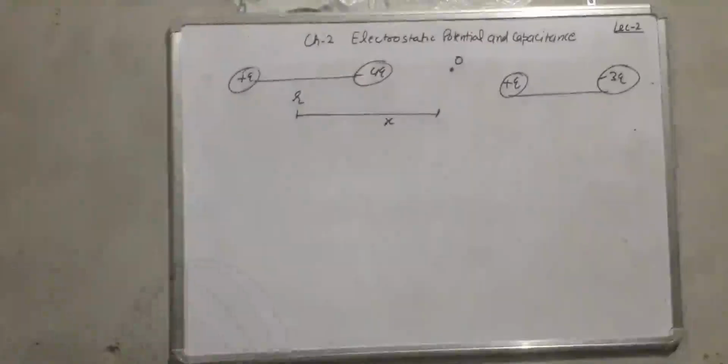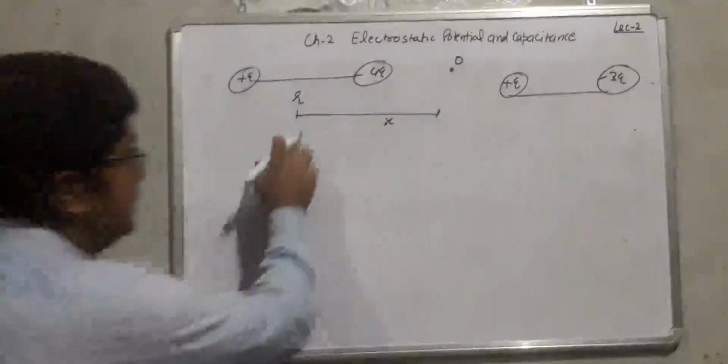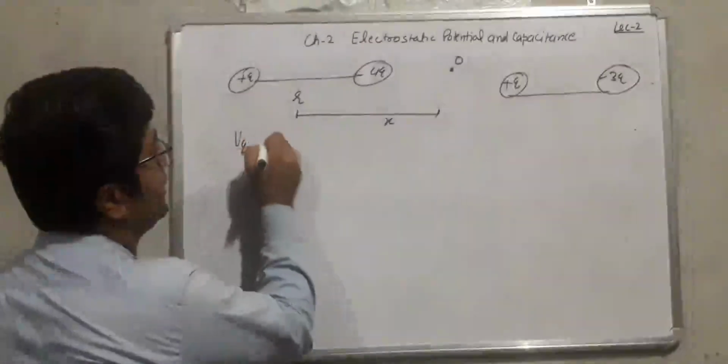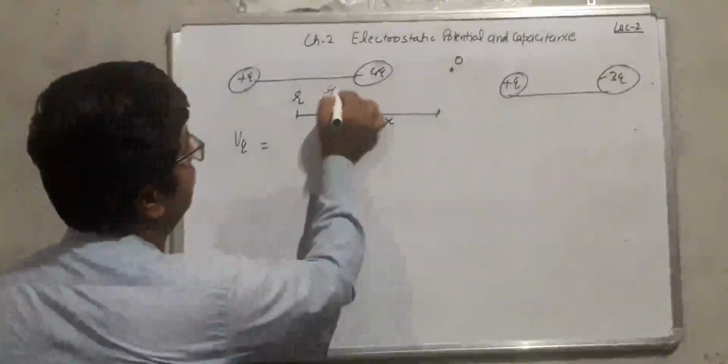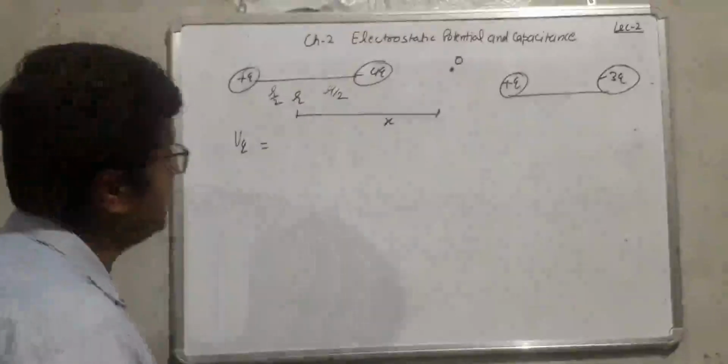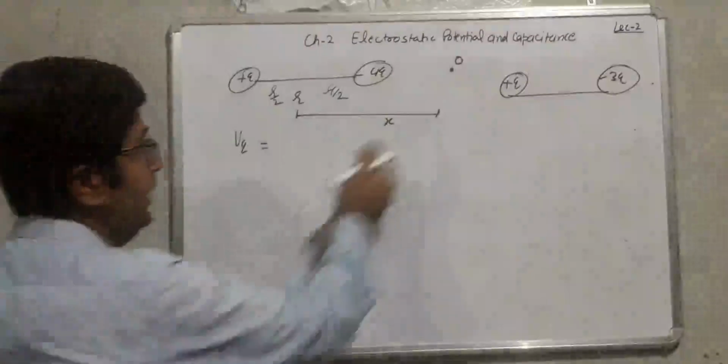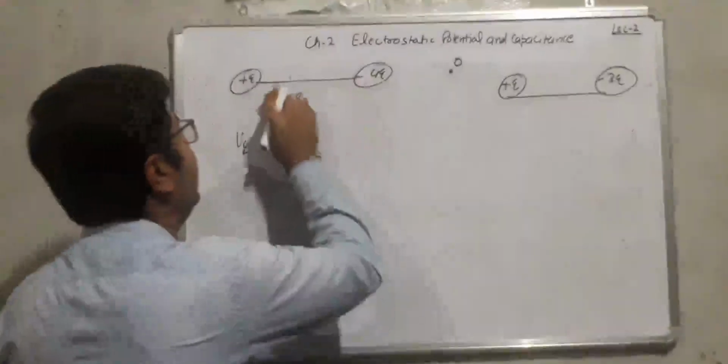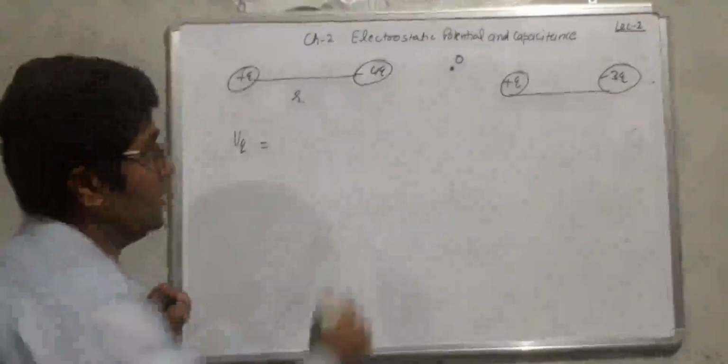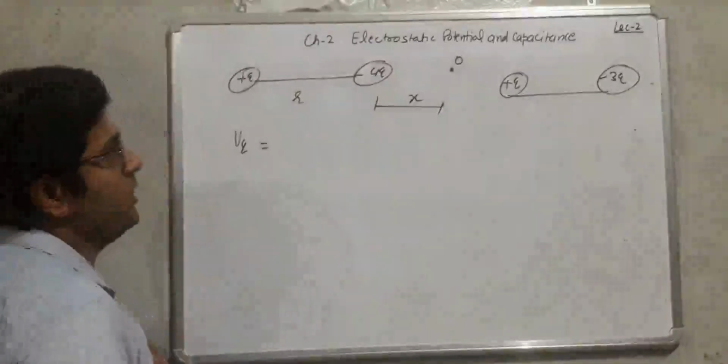So the potential due to plus q is, what is this, beta? It is r by 2 and it is r by 2. Or you can make it easier by taking the distance from this point. It's easier for you. Suppose this distance is x. Okay, now it's easier.